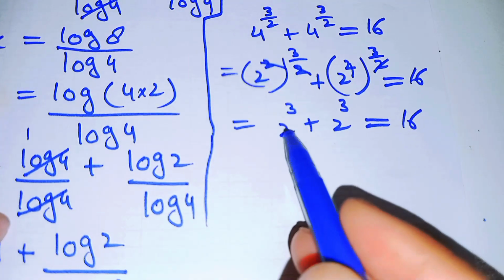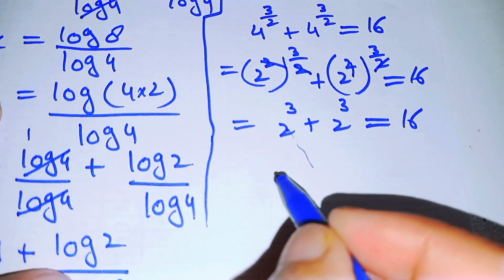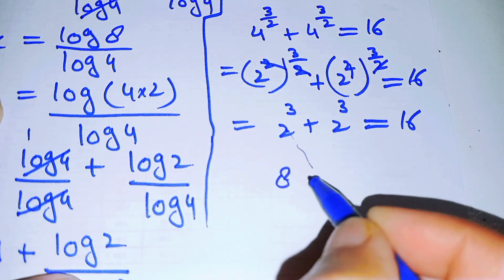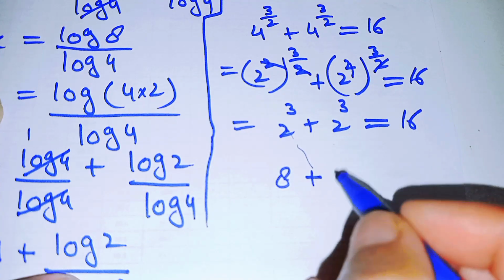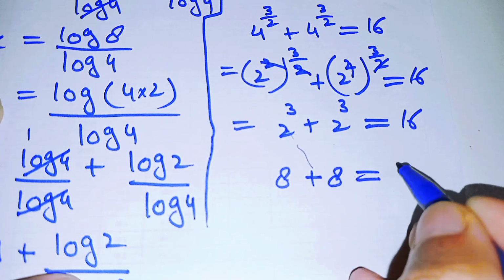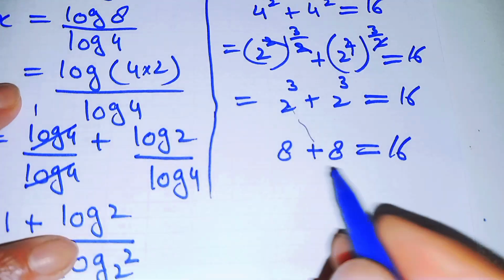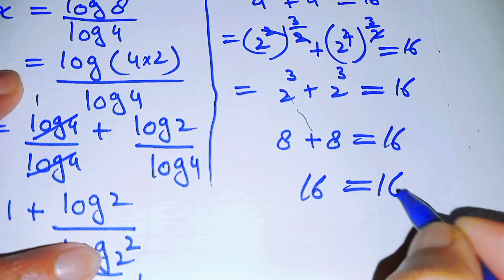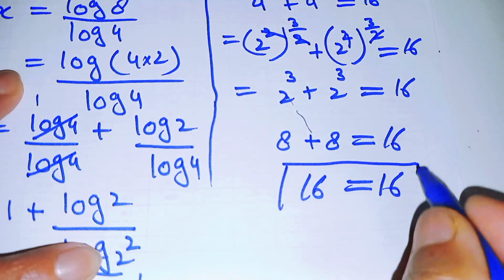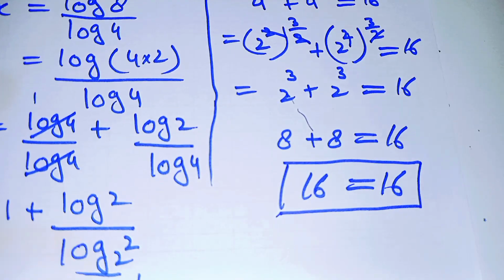Now the 2 cancels out the 2, so we get 2 cubed plus 2 cubed is equal to 16. 2 cubed, 2 multiplied 3 times, is 8, so 8 plus 8 is equal to 16. Now our verification is correct.